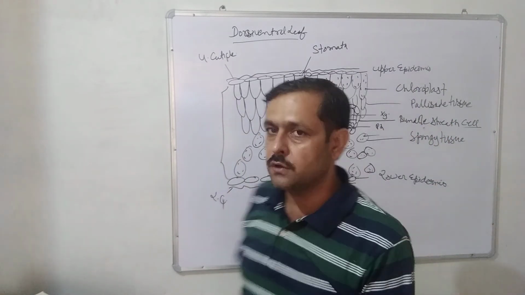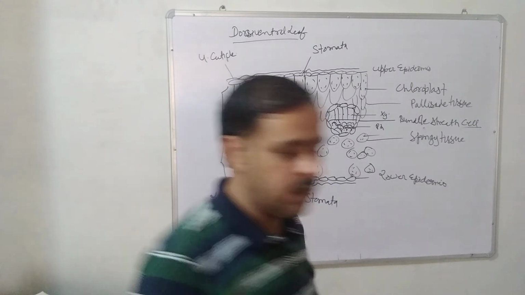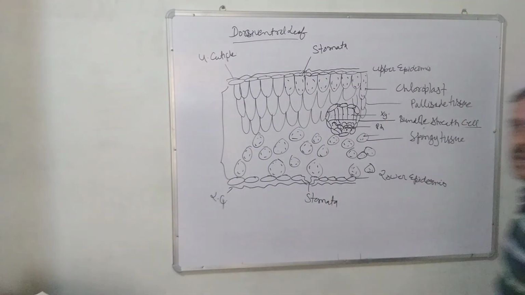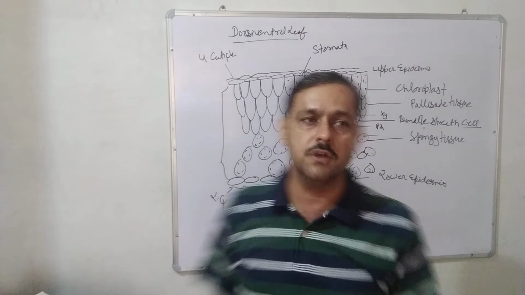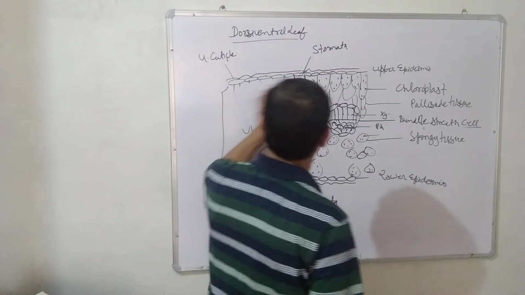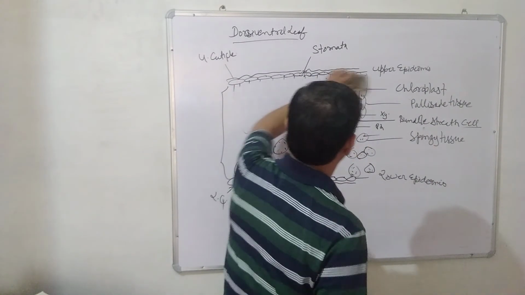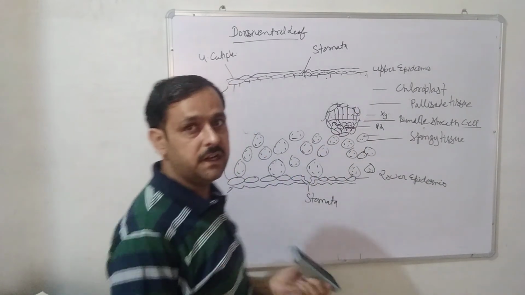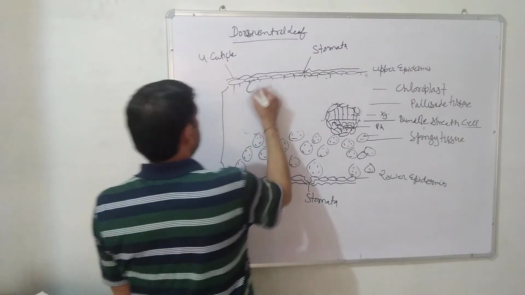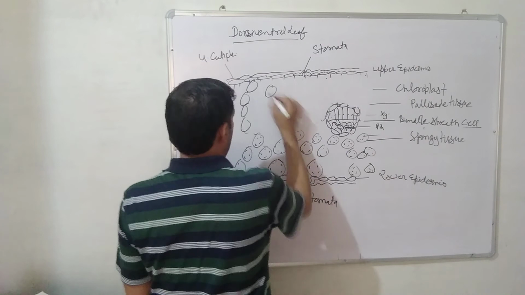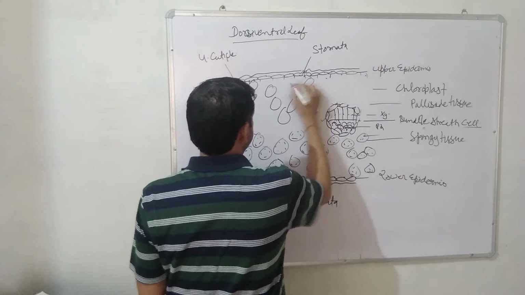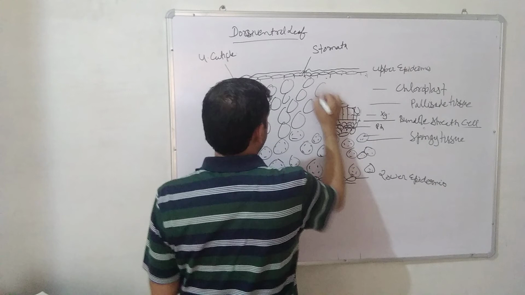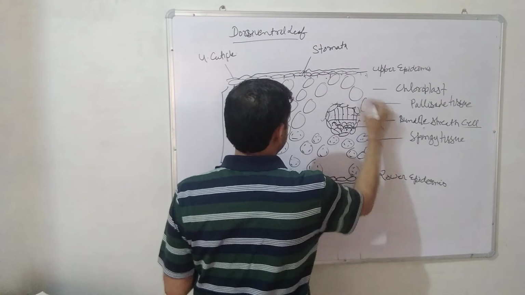And whenever we talk about the isobilateral leaf, then there is only one type of tissue present in the mesophyll, meaning palisade tissue is absent in the isobilateral leaf and only spongy tissue is found in this leaf, or we can say the mesophyll tissue is not differentiated.